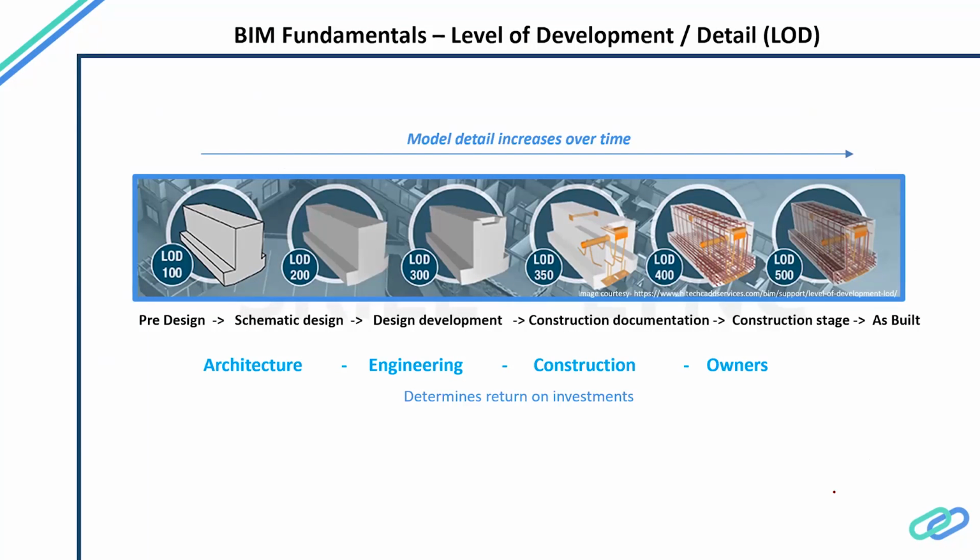We saw this even before BIM, the level of development or detail, LOD. We see an image which shows the same element traveling from LOD 100 to LOD 500, and below that image we see the different phases of the project: pre-design, schematic design, to as-built, and below that there are different domains included in the building industry.